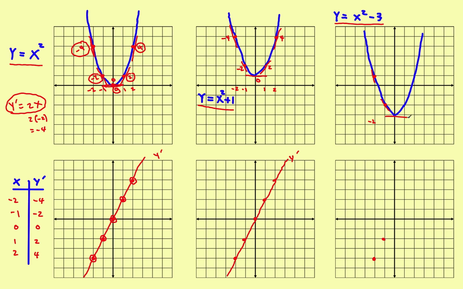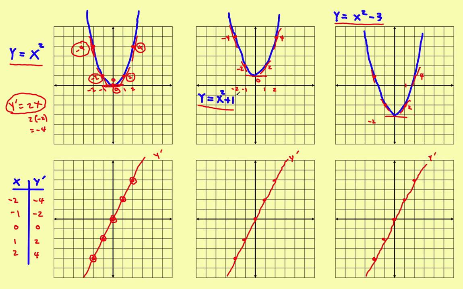The slope right here would be 0. The slope at 1 would be 2, and you'd have a point right there. And finally, the slope at 2, if you went up, the slope right there of that tangent line would be 4, and you'd have this. So if you drew that graph, it would look like this also. So all three of those have the same derivative.